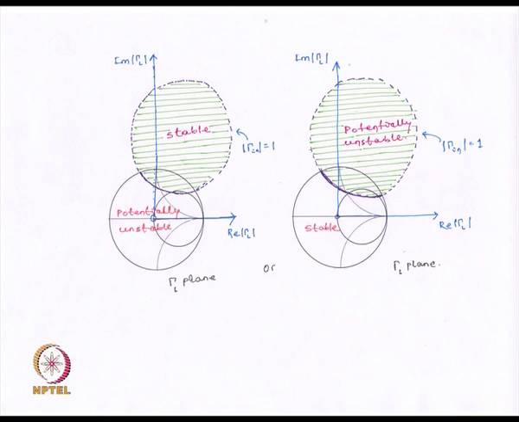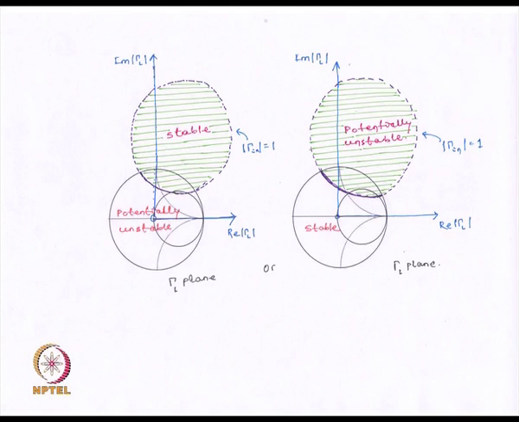Now, I said that the boundary of this output stability circle determines which are the unconditionally stable and which are the potentially unstable values of gamma L. So either gamma L values inside this circle will lead to unconditional stability, or they will lead to potentially unstable situations.